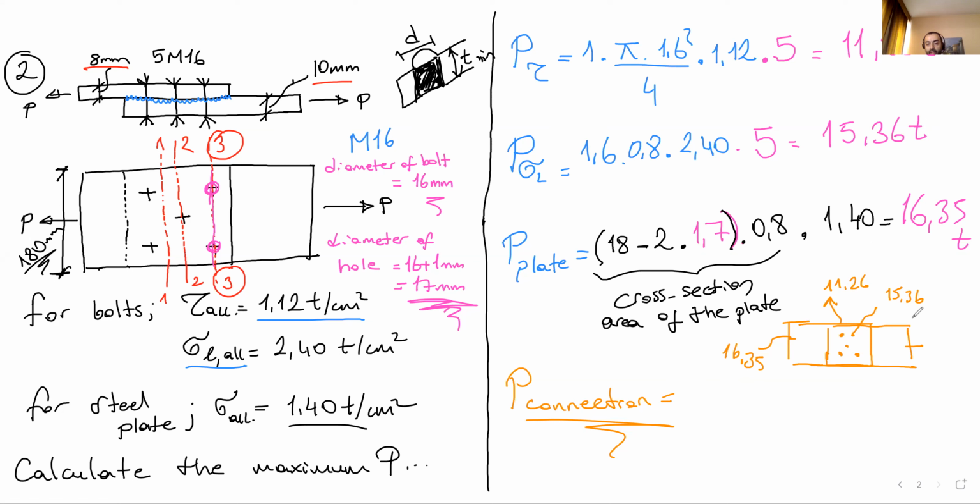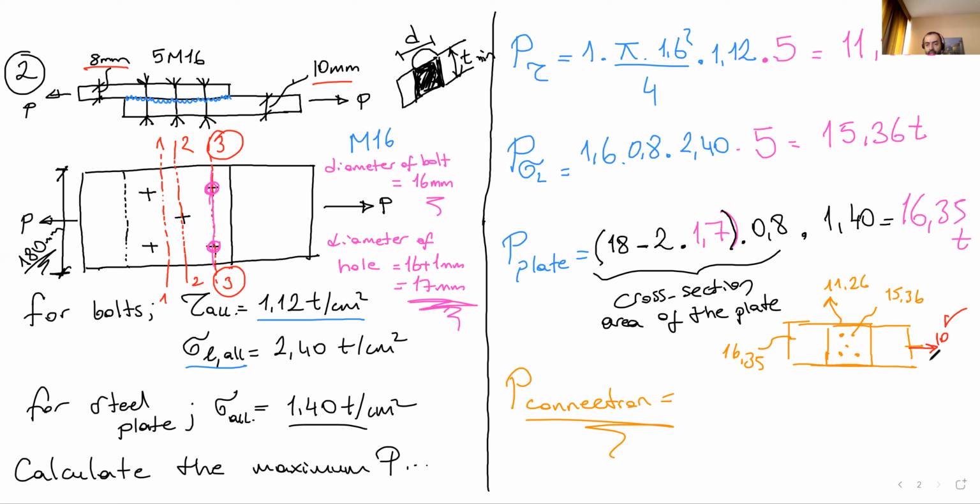If I apply, let me write here, 10 tons. What do you think? Is this safe? Yes, it's safe because this 10 is less than all these capacities. That's okay.